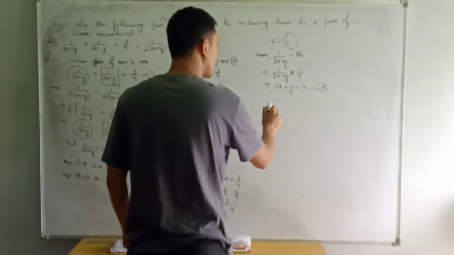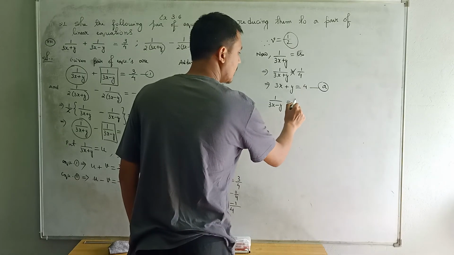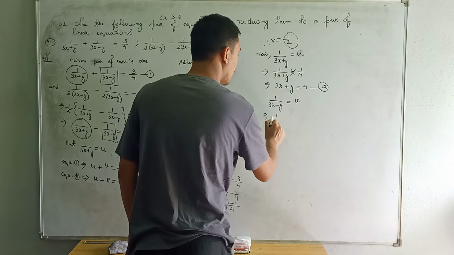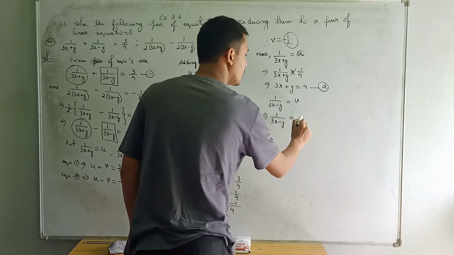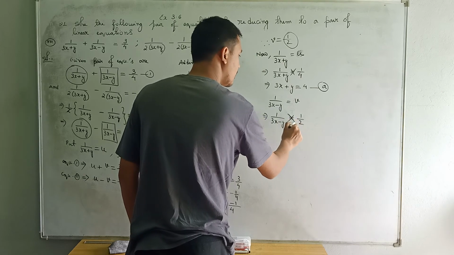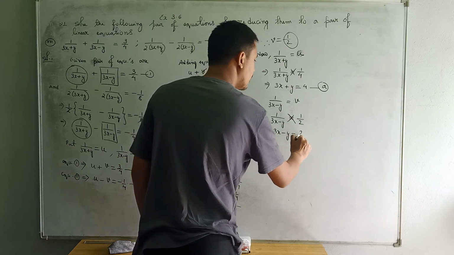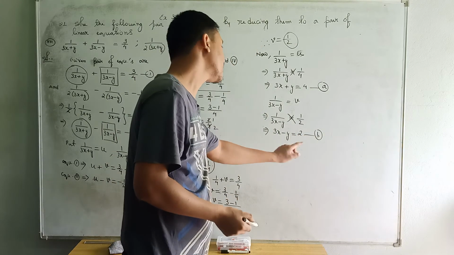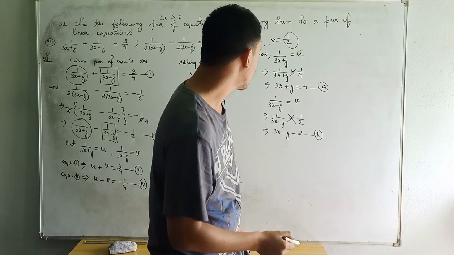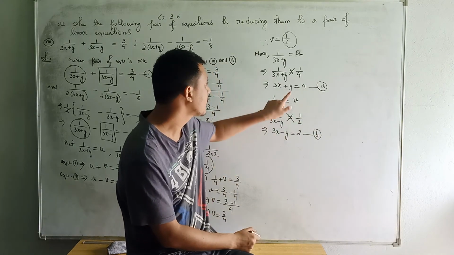Again, we have replaced 1 upon 3x minus y by v. So 1 upon 3x minus y is equal to v, which is 1 by 2. So if you cross multiply, then 3x minus y will be equal to 2. Oh, x is unknown, y is unknown, so equation B. Now again we solve equations A and B by elimination method.